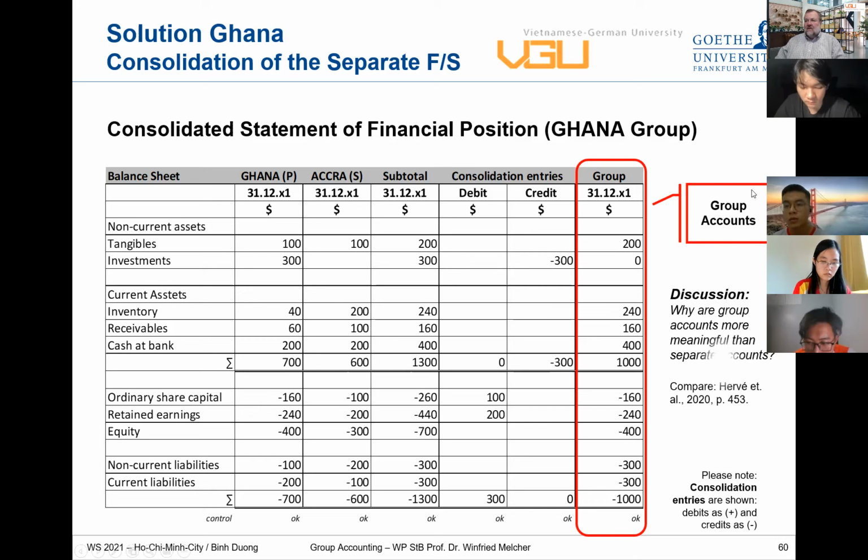All right, so please make sure that in the group accounts, you do not have the investment anymore. So you have that investment of Accra sitting here, so that will go out. And you don't have the equity of the subsidiaries, that also should go out. And in the end, you will show the group accounts for this.